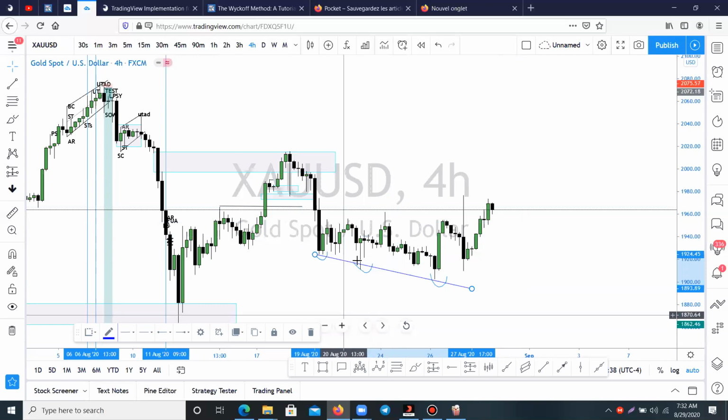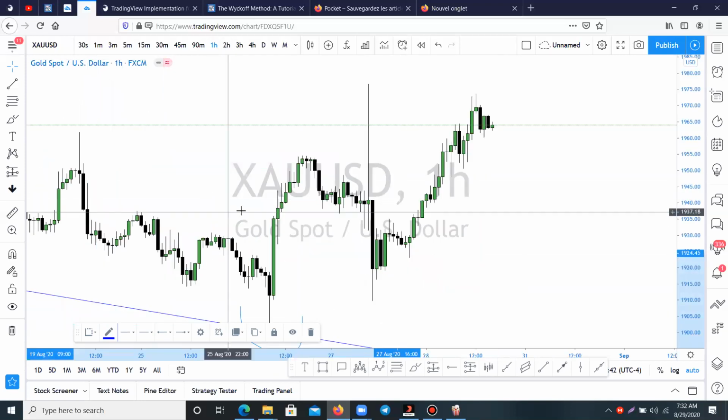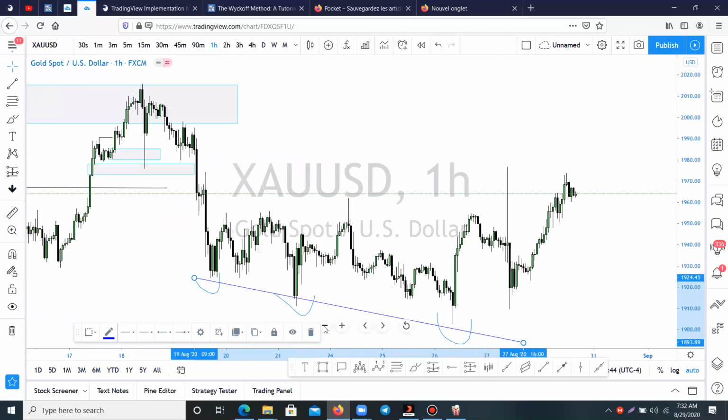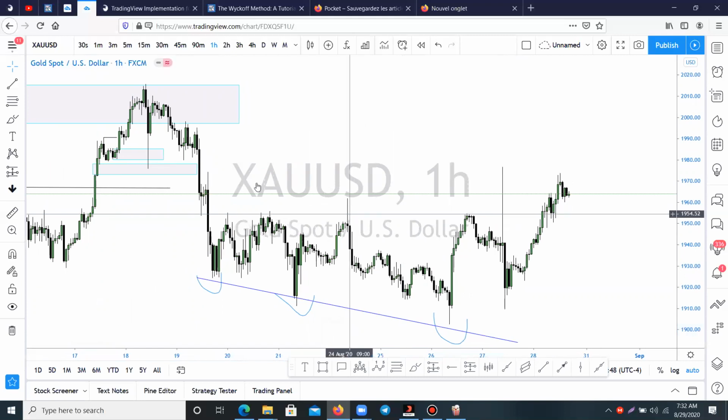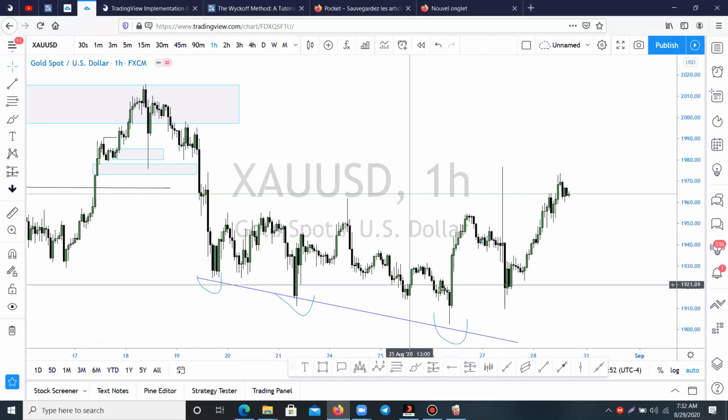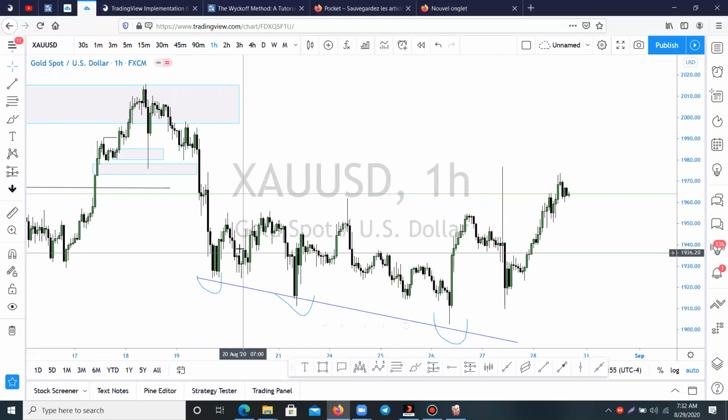Now, we can move maybe to H1. Let's move to H1 and try to understand more about the price action of what is happening on this one. You see the difference that is happening. It's the same thing that you got on H4, but on H1 we got a clear picture of what is happening in the market.